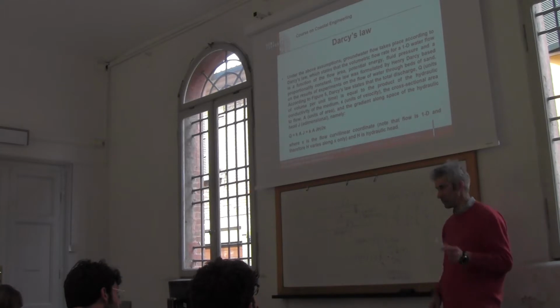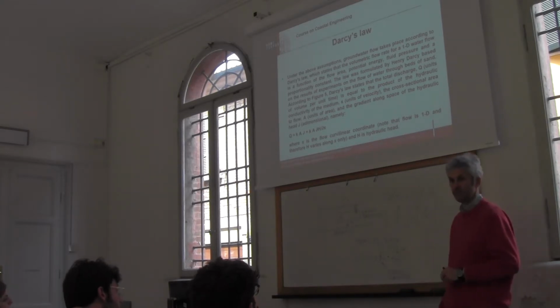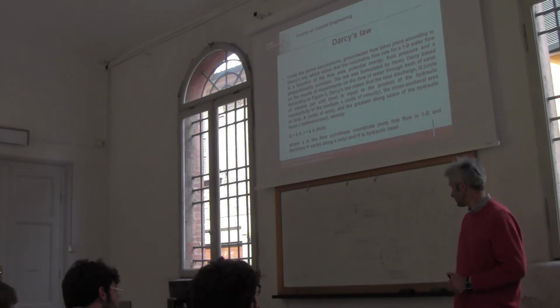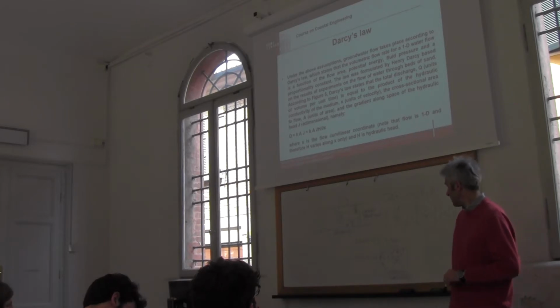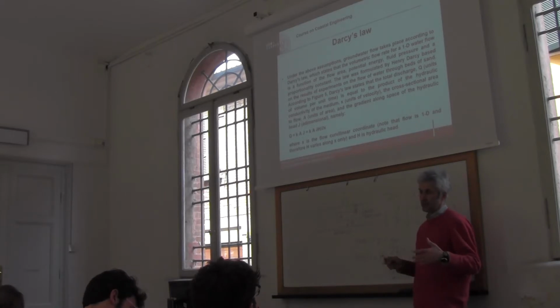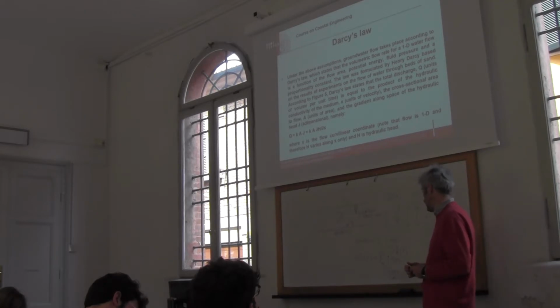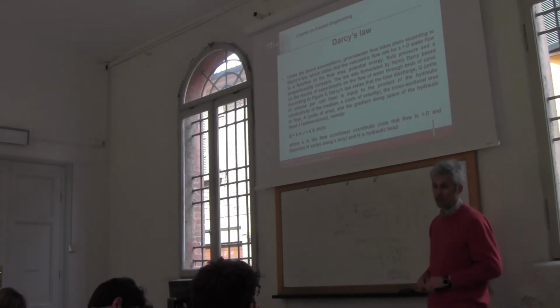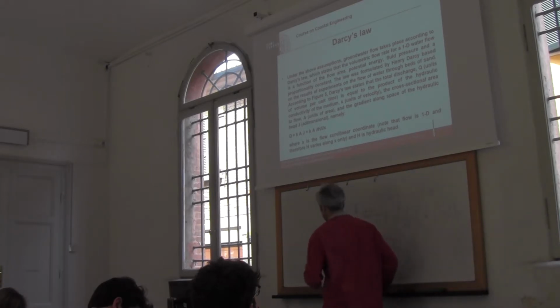And then I'm going to explain to you what hydraulic head is. Hydraulic conductivity, as I said, is a constant. It's a hydraulic property of the medium, and it has the dimension of a velocity, because the decline over space of the hydraulic head is adimensional. And now I have to explain what hydraulic head is.